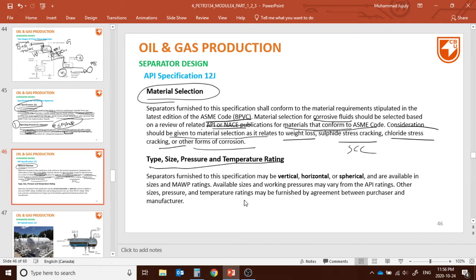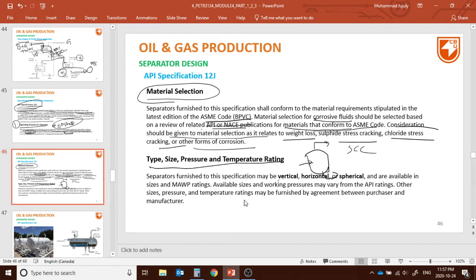Types and pressure and temperature rating. Probably you already know about pressure and temperature rating from pipeline components, but similarly pressure vessels also have a pressure and temperature rating. Also, what would be the specification?